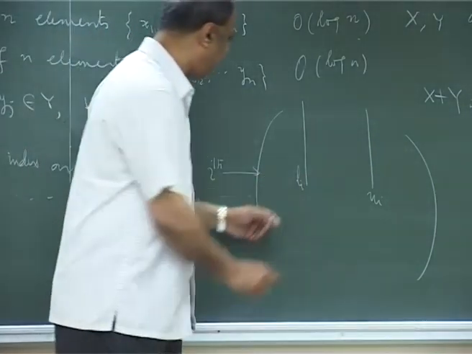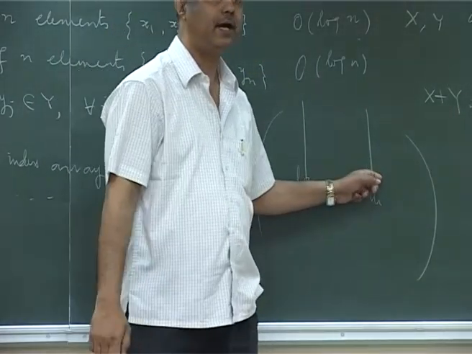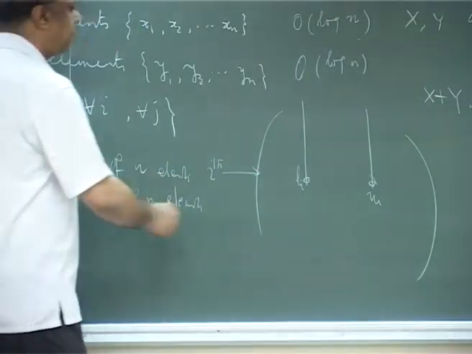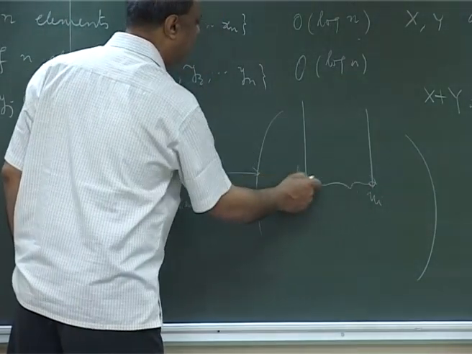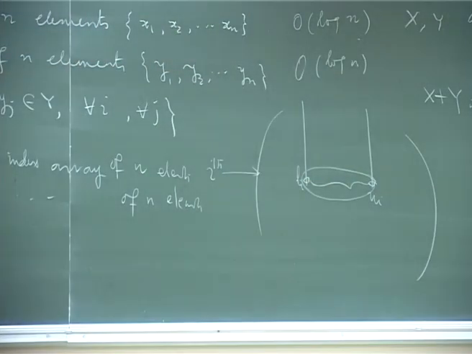So in the ith row you have the two indices Li and Ui, which indicate that the ith row of B_UL contains this many elements.